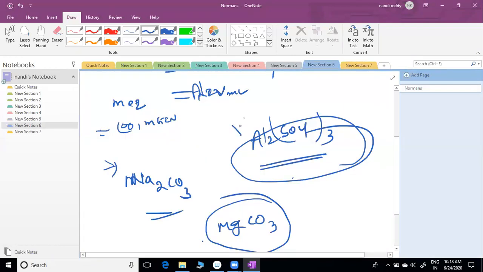For aluminum sulfate, 6 is the n factor. For Na2CO3, 2 is the n factor. For MgCO3, 2 is the n factor.